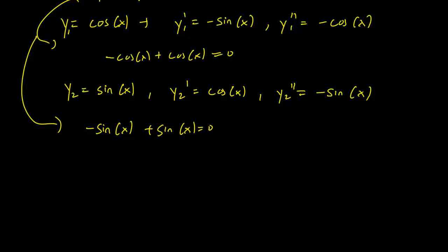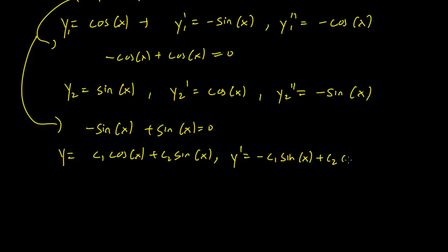So what happens when we try y equals c1 cosine x plus c2 sine x? What's going to happen is that we're going to get y prime equals minus c1 sine x plus c2 cosine x, and y double prime is going to equal minus c1 cosine x minus c2 sine x.